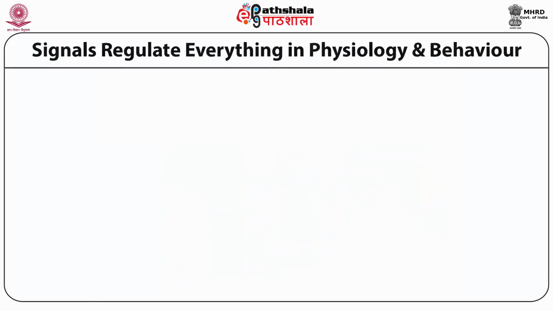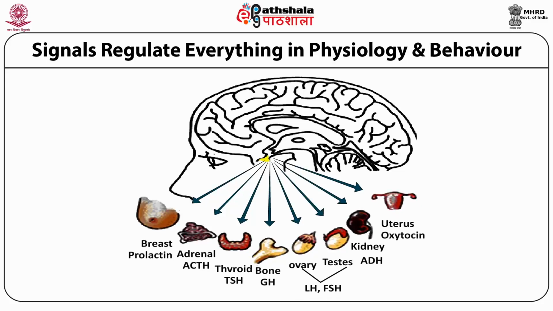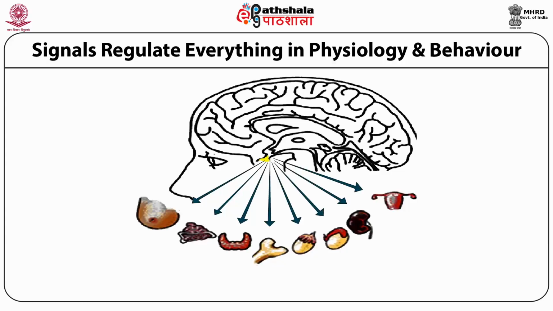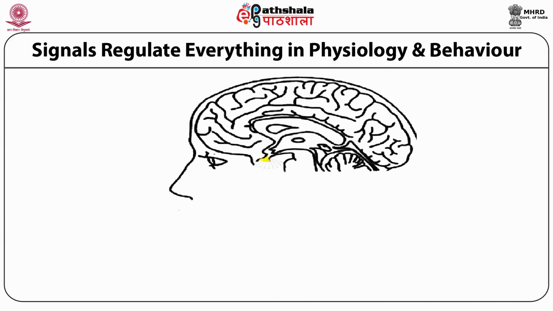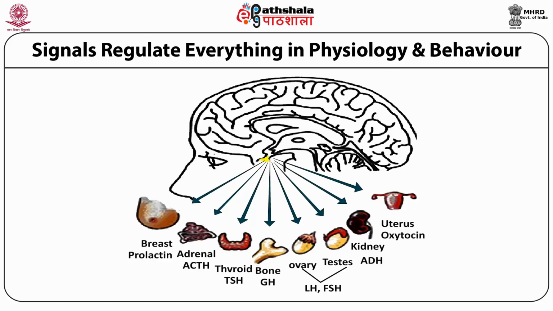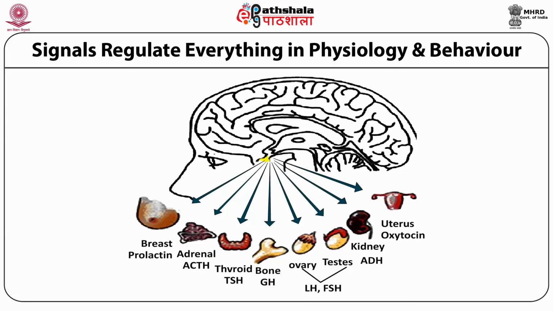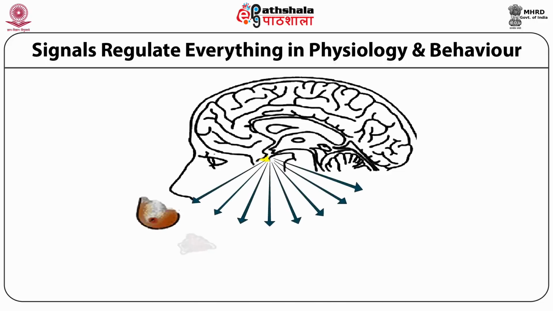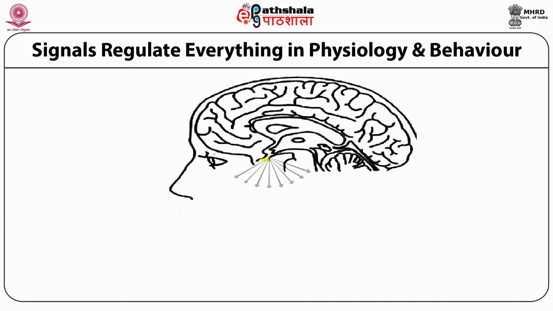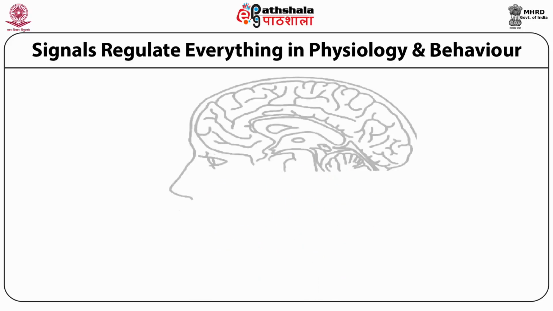This essentially summarizes that a tiny tissue called the pituitary, which is indicated here in yellow color and which is below the brain or hypothalamus, this tiny gland through hormonal signal can control the function of a major part of our body, including the breast, the adrenal gland which is above the kidney, the thyroid gland which in the neck region you can notice, bones, ovary and testes, which otherwise are called gonads, where the process of gametogenesis and secretions are controlled by these pituitary hormones, kidney, and even the uterus, which is important for a woman for holding the baby as well as for inducing labor or parturition.